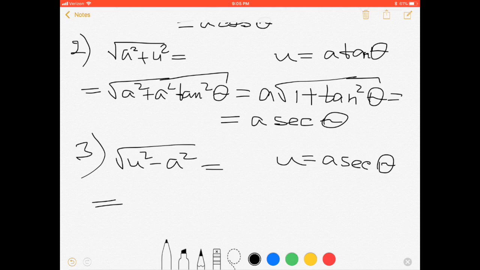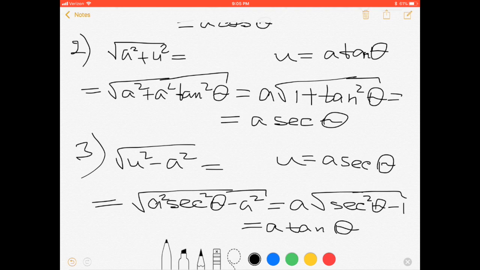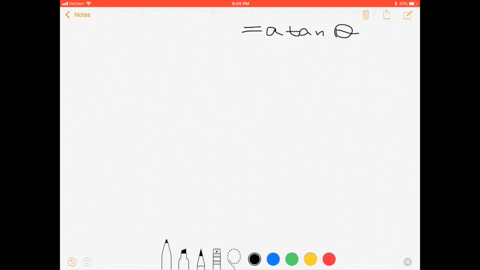Plugging here, you have a square secant square theta minus a square. Take out a square, it will be secant square theta minus 1. How you remember this is tangent square. This means here you have a tangent theta.